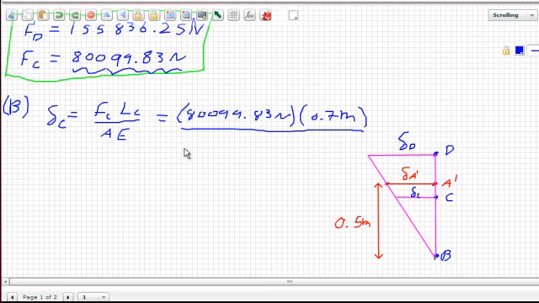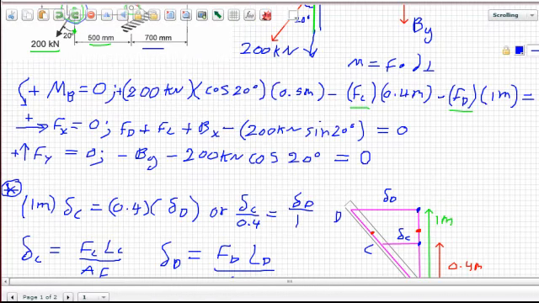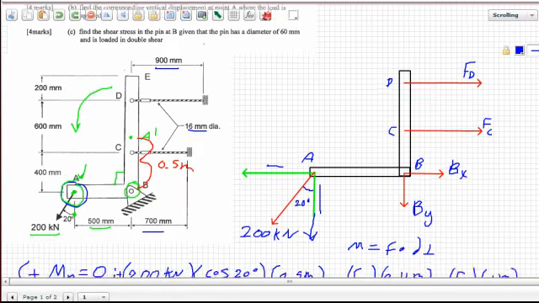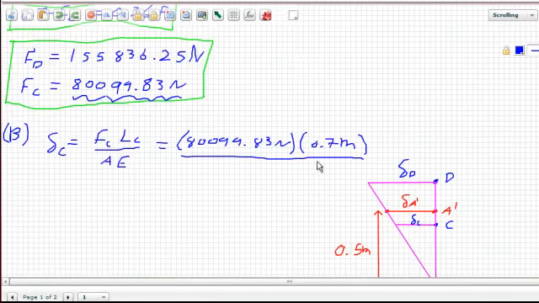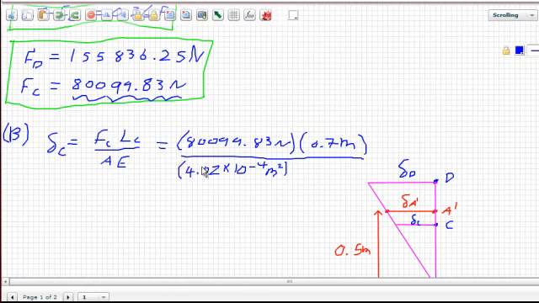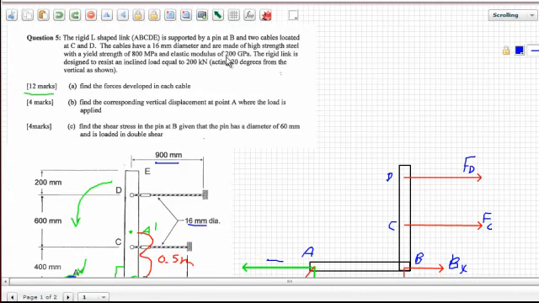divided by the cross-sectional area of the cable. So they told us that the diameter of the cable is actually 16 millimeters. So using that to get the cross-sectional area, I got it to be 4.02 times 10 to the power of -4 meter squared, multiplied by the elastic modulus of the cable, and they've given that in the question, and it is 200 gigapascals.